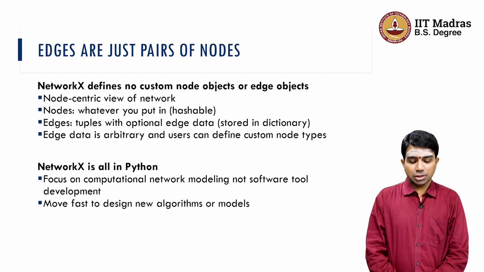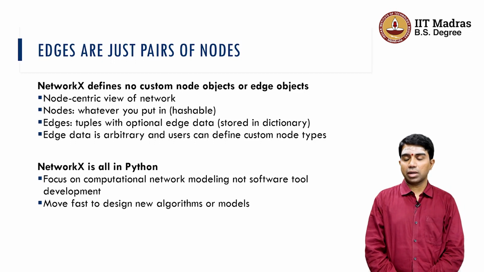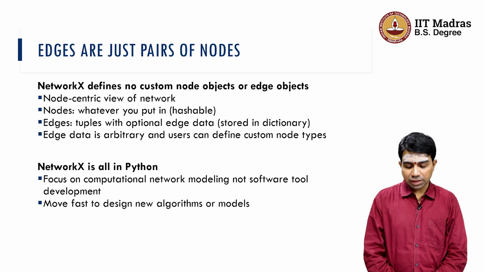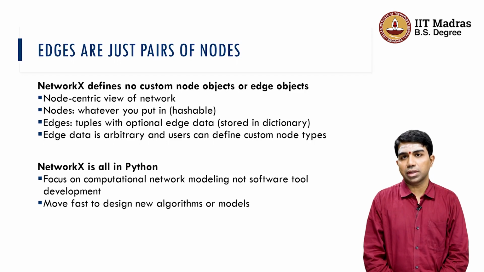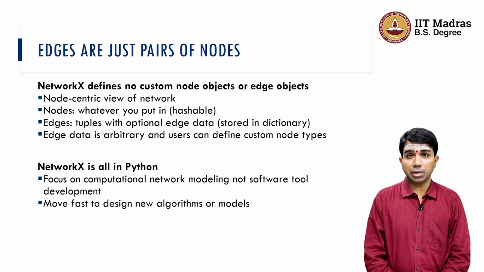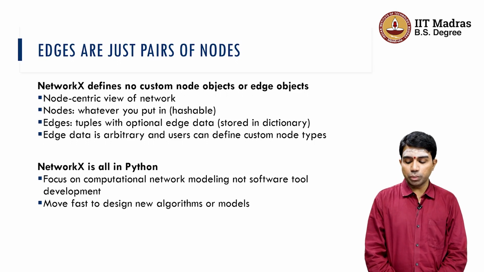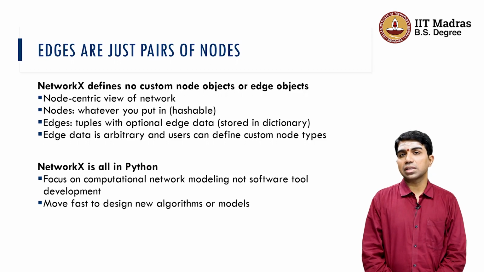And going back, edges are just pairs of nodes, and there are no custom node objects or edge objects in NetworkX. It takes a very node-centric view of the network, and nodes are basically anything you put in that is hashable. It could be any Python object, it could be a number, it could be a tuple, it could be whatever, and edges are basically tuples with 2 nodes, and anything else is a dictionary.